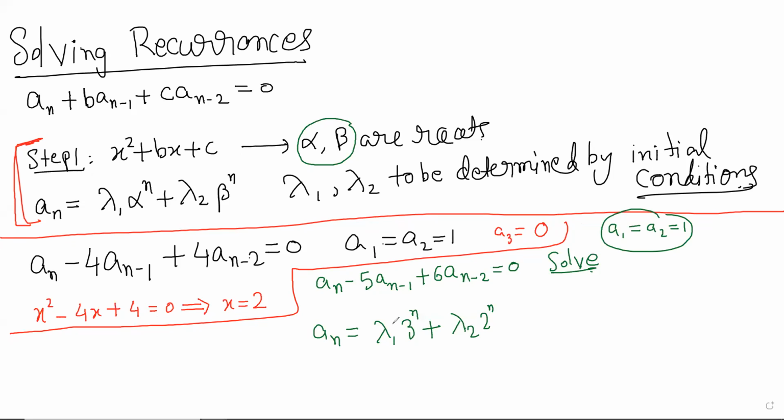But what will lambda 1 and lambda 2 be? Because we know the initial values. 1 and minus 1 or something like that.